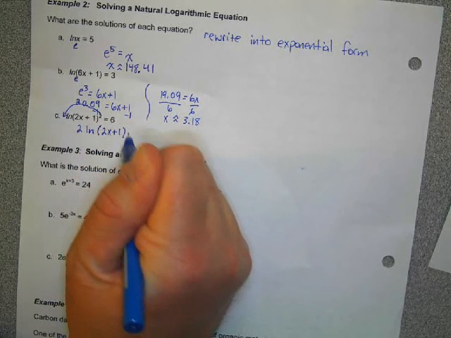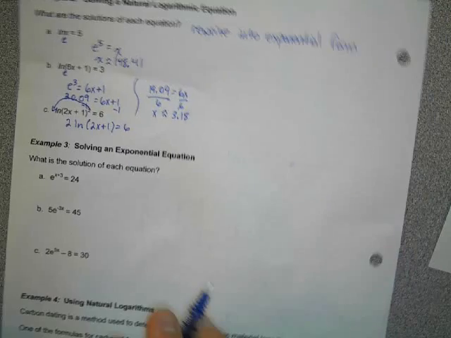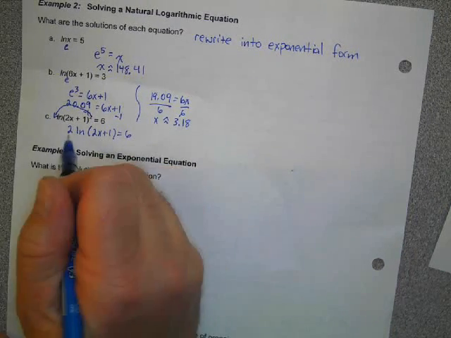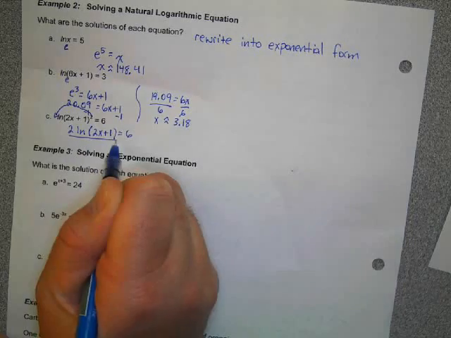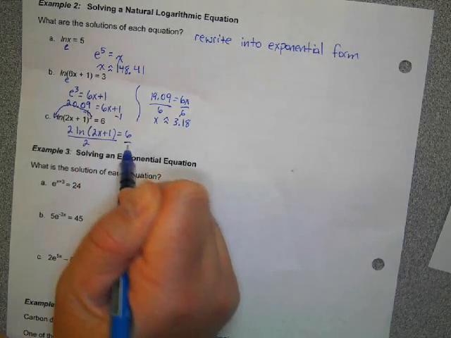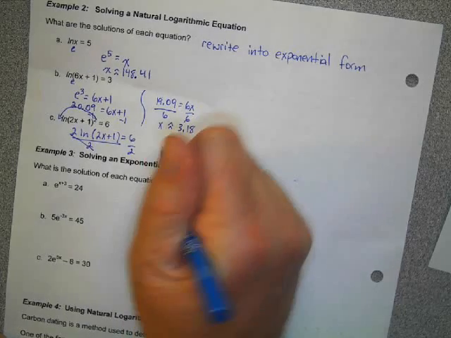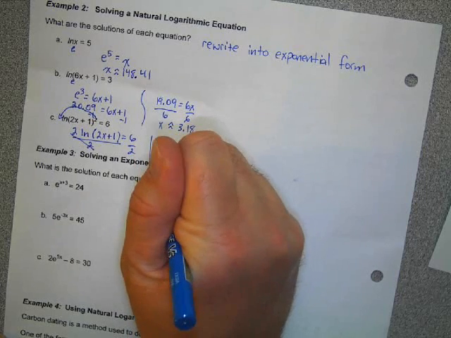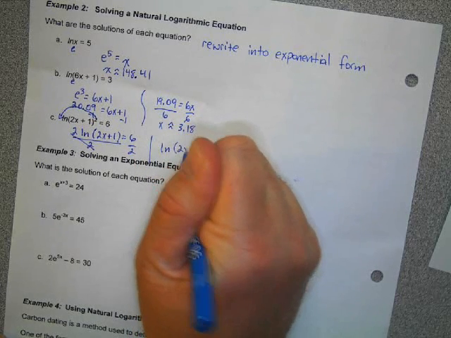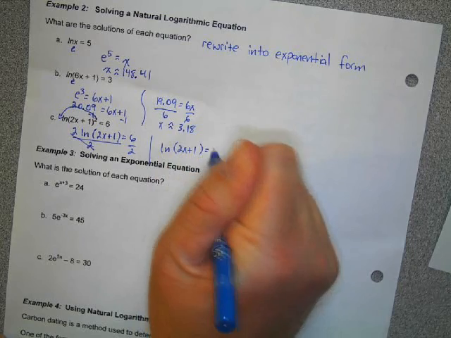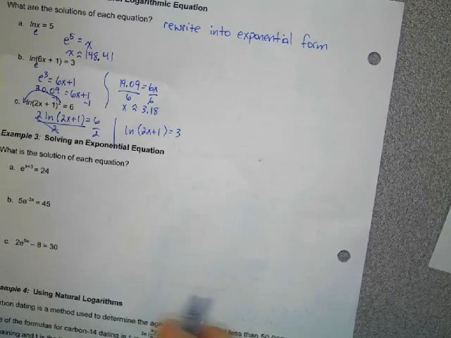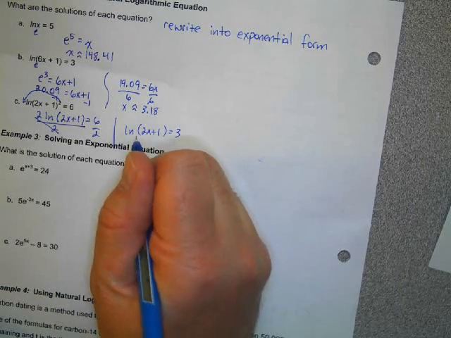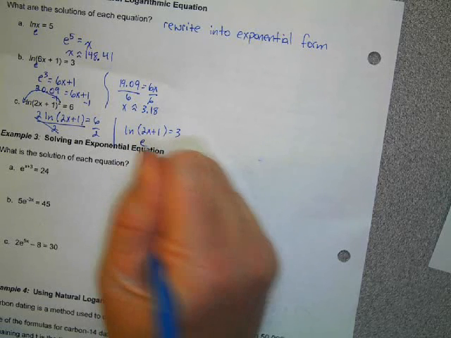Before you switch to exponential form, you want to get rid of the 2, so divide it out. Then switch it to exponential form. Remember, it's understood your base is e with the natural log. e to the third equals 2x plus 1.